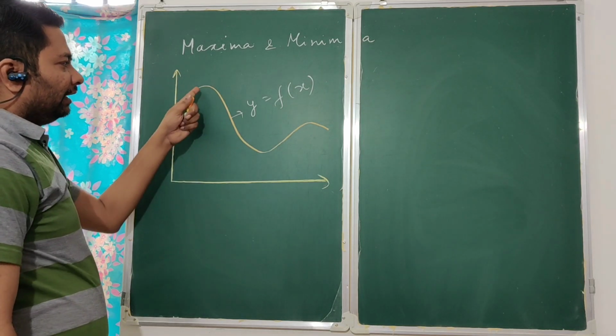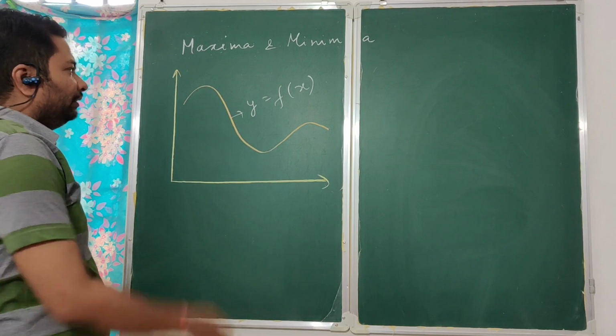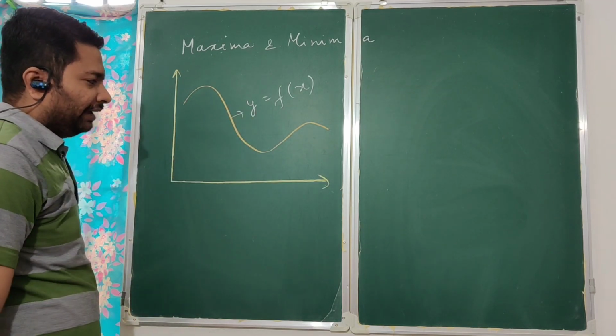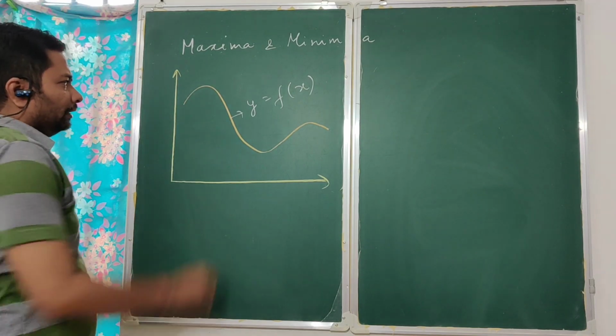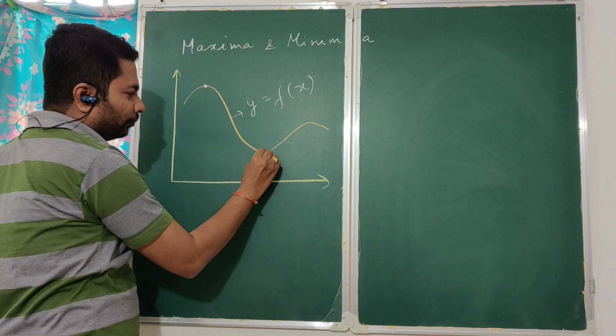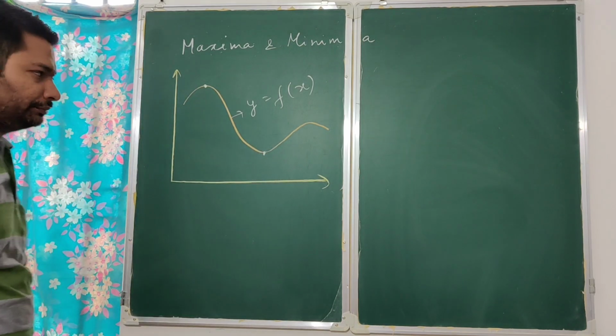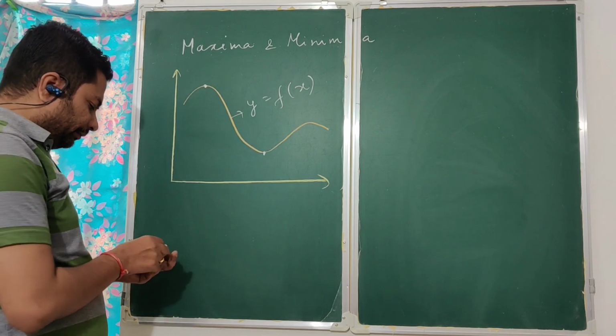You can see there are points where y has a maximum value, and points where it has a minimum value. At this point it has a maximum value, at this point a minimum value. Correct? What is your observation?